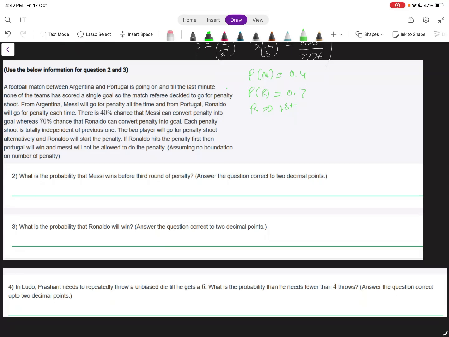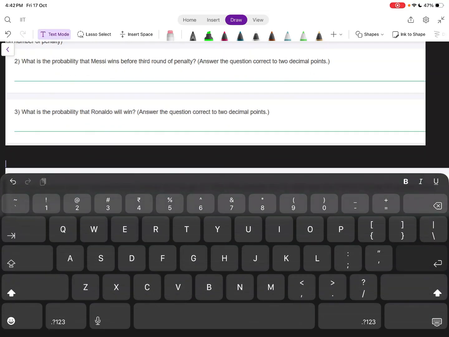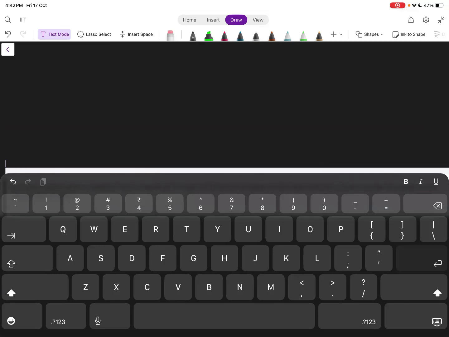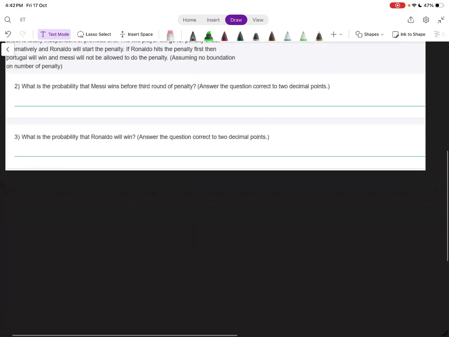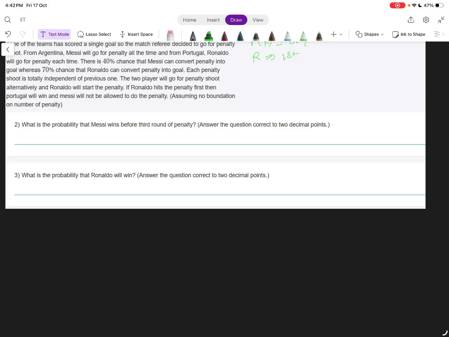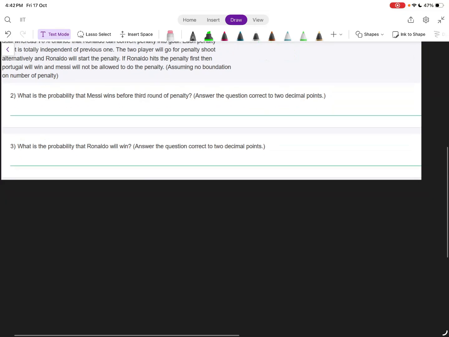Okay, question 2. So round 1 we have Ronaldo shooting.